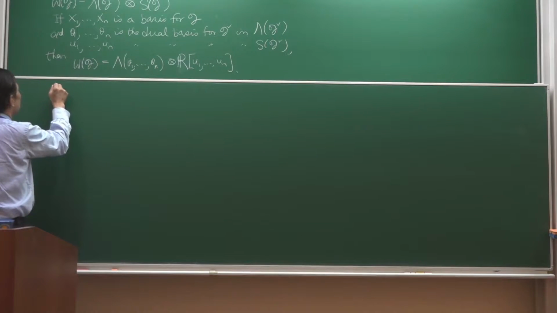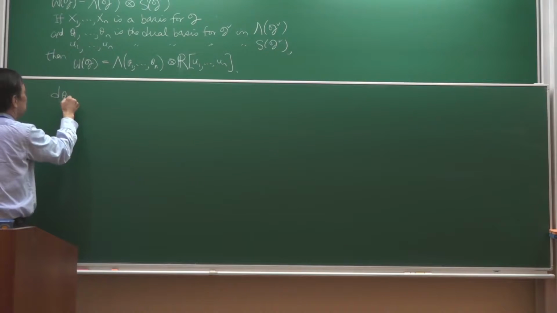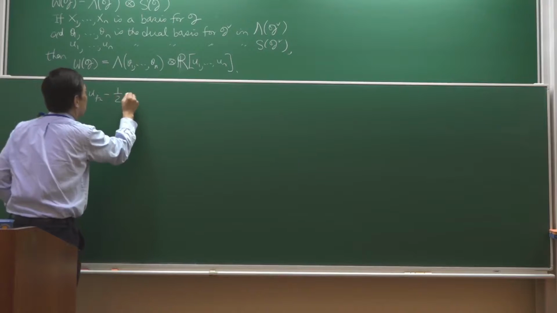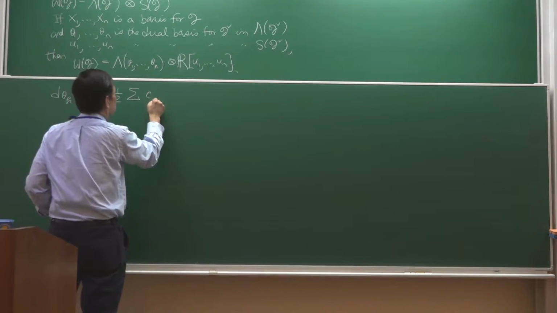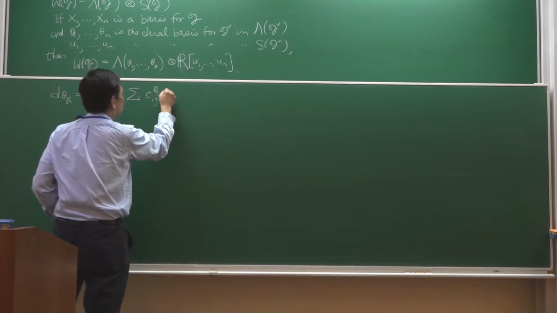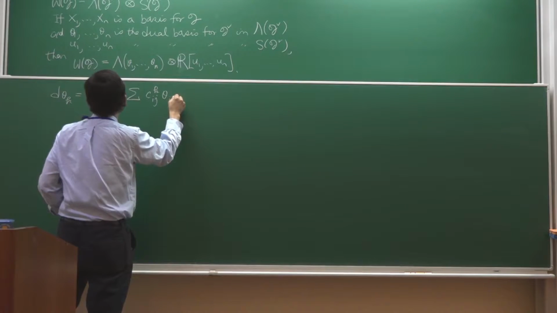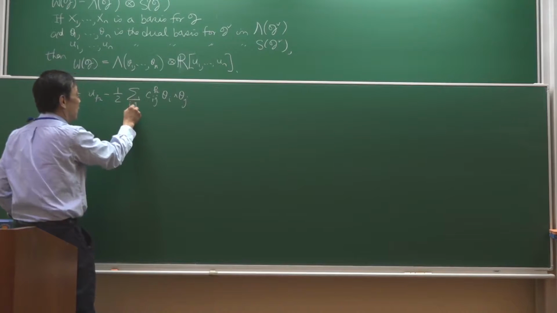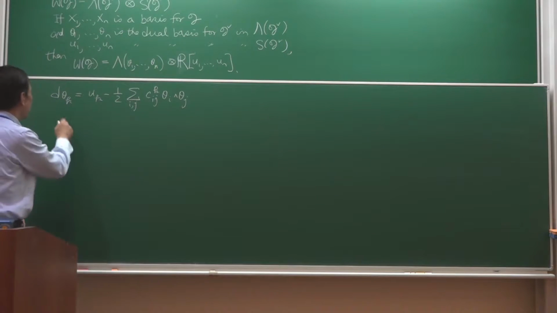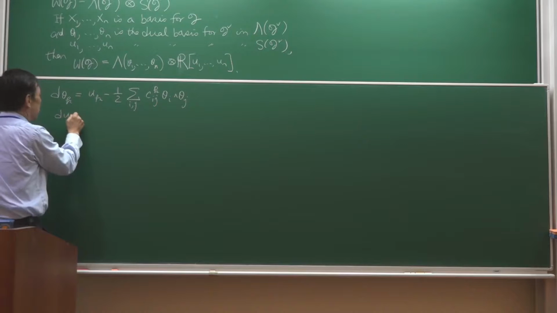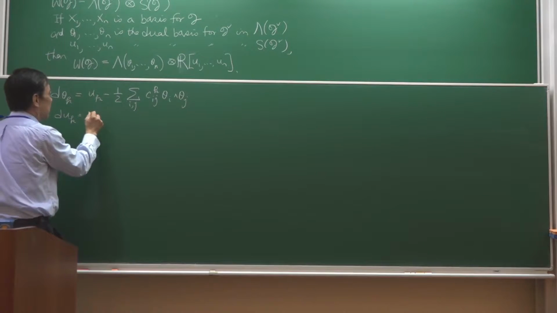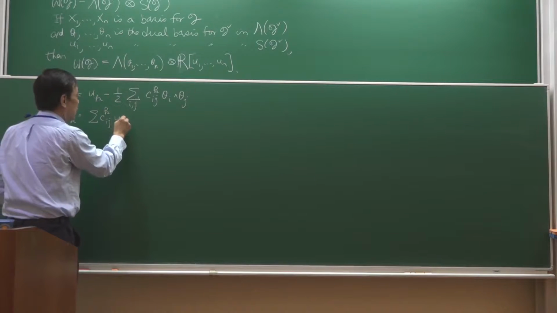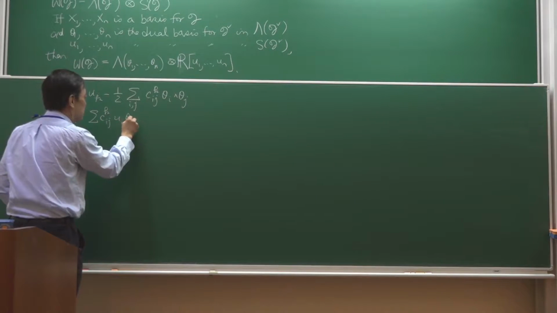And we have d theta k is uk minus 1/2 the sum of c_ij^k theta i wedge theta j over i, j, and d uk is the sum of c_ij^k u_i theta j.